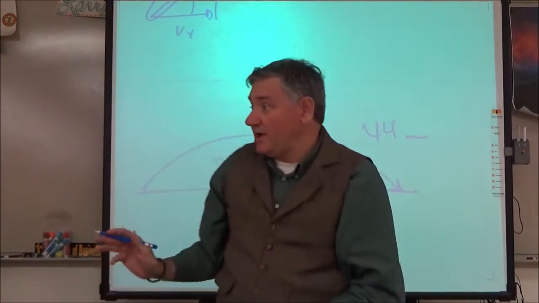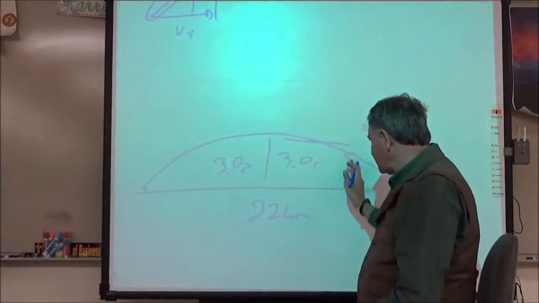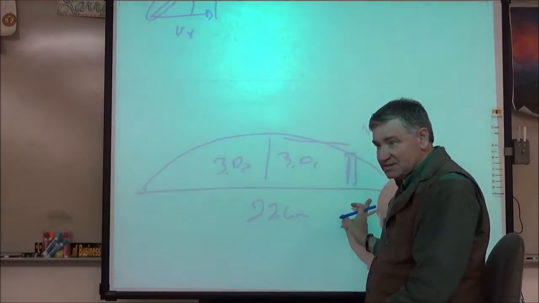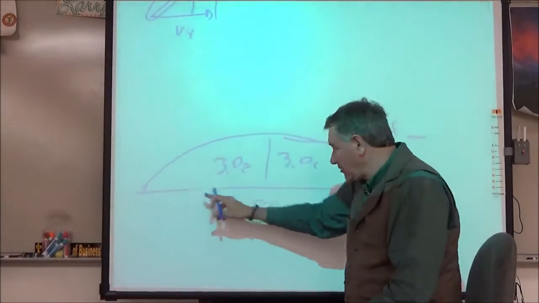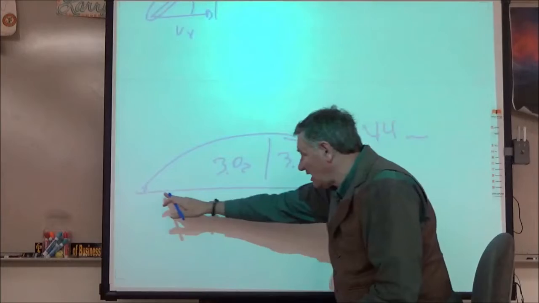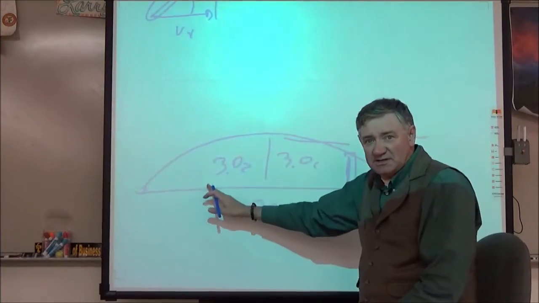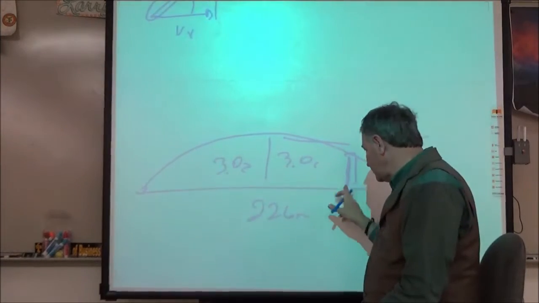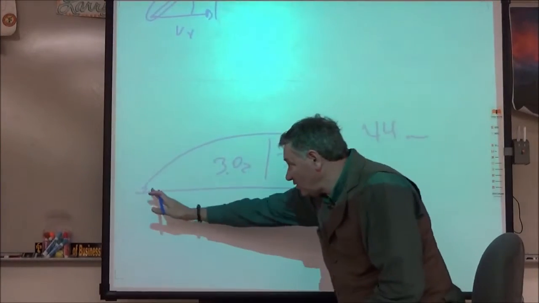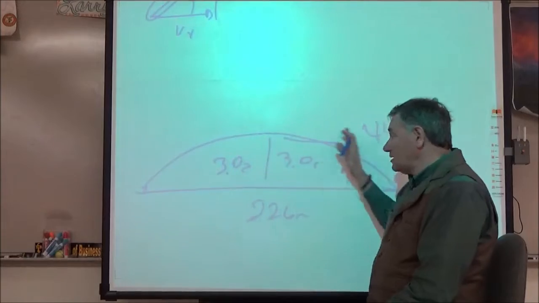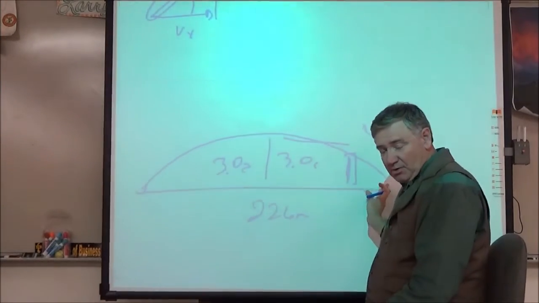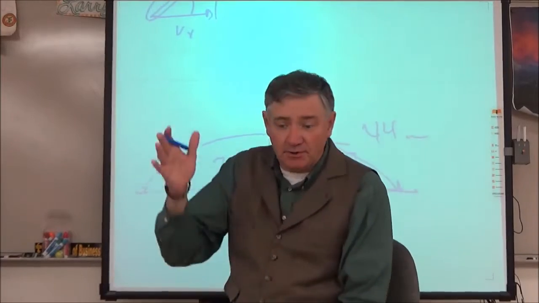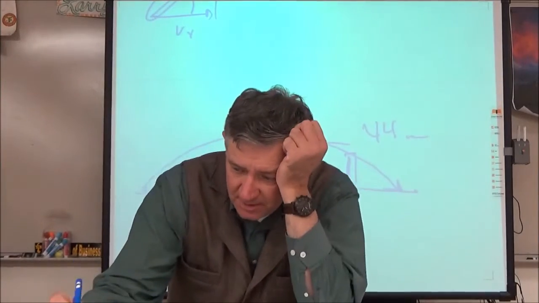Right away, if I'm going to try and clear this wall, if my total maximum range is 226, I know I've got to be inside of 226, because if I was 226 meters away, it would land at the base of the wall.